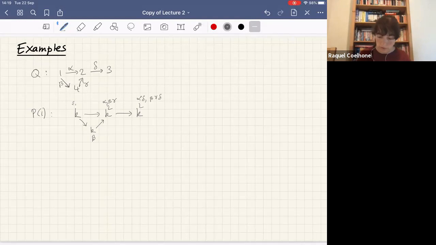Okay, so what are the maps? This linear map here corresponds to alpha, so we just concatenate alpha on the right. So the constant path epsilon 1 maps to alpha, so we get 1, 0.